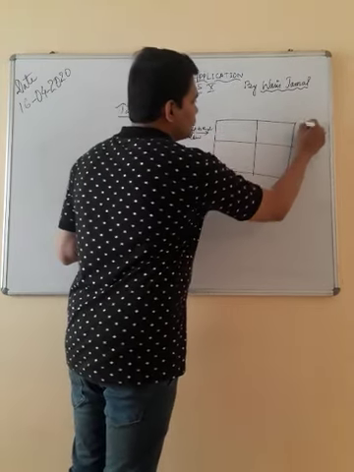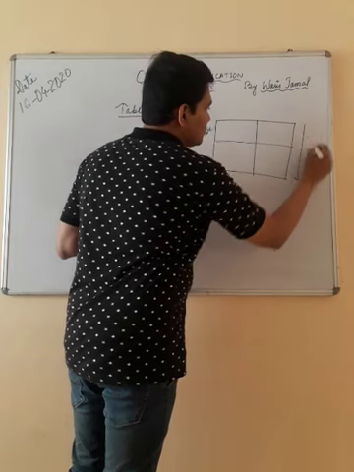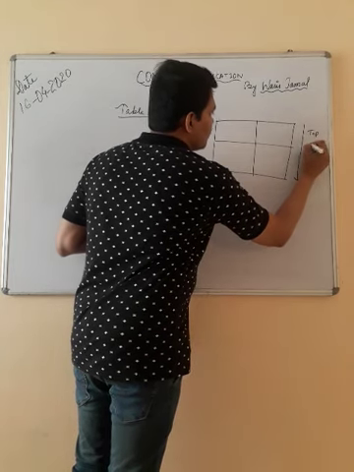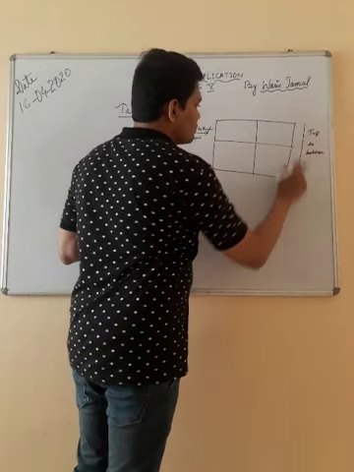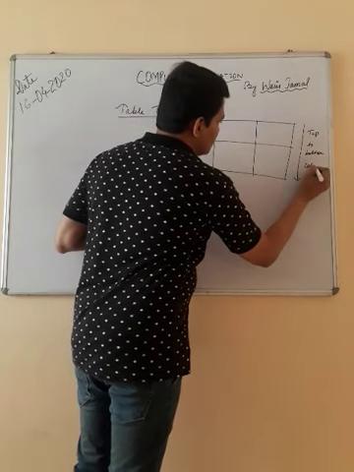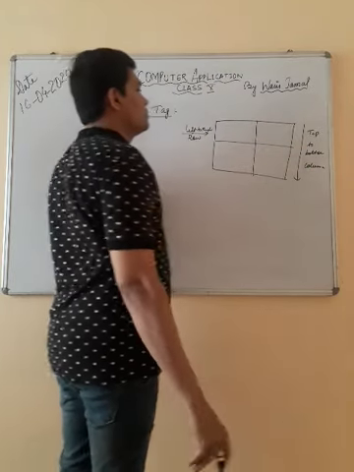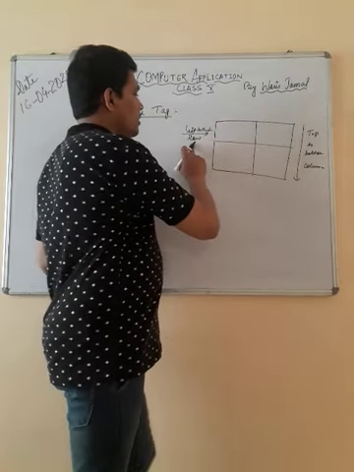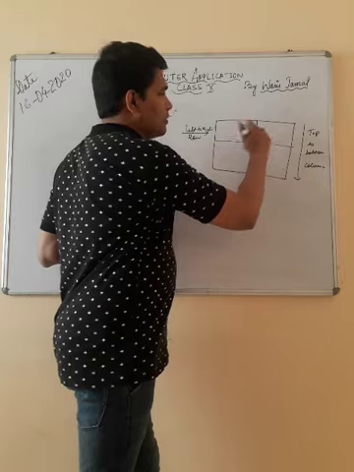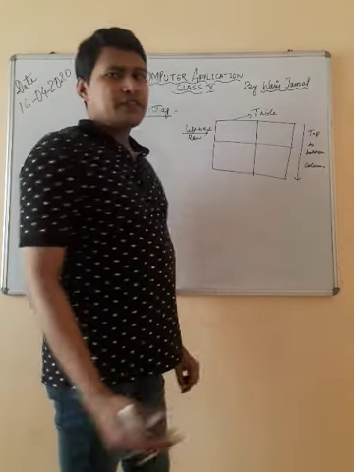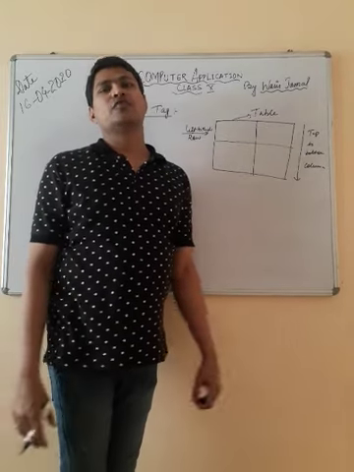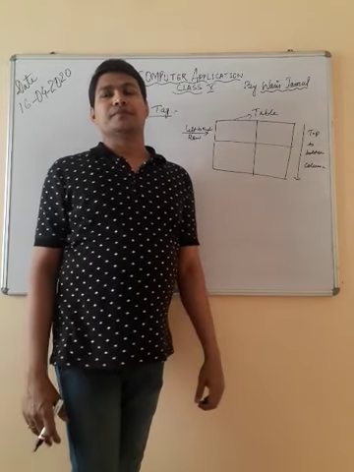When you are moving from top to bottom, this is called a column. The collection of organized rows and columns makes a table. This is a complete table. In a table, any number of rows and columns can be there.